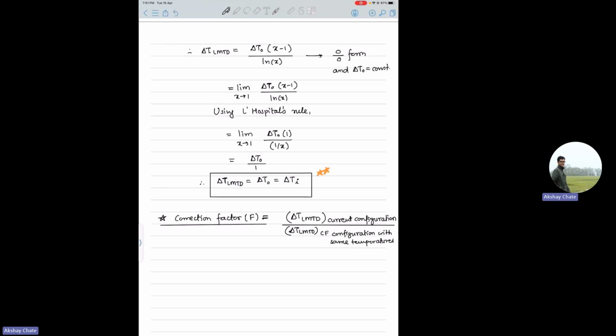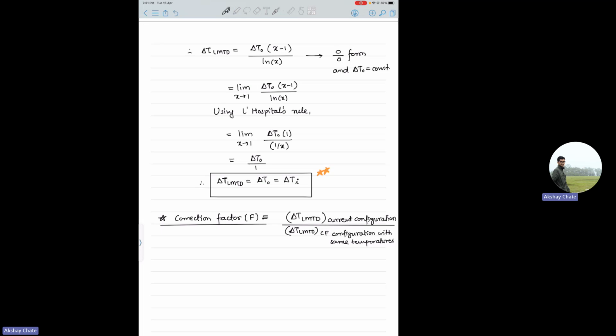So see, in parallel and counterflow, you have a direct correlation for delta T LMTD. But in reality, heat exchangers may be of various configurations such as shell and tube, compact, and in there also there will be some subcategories, like multi-pass, multi-shell, and in plate type heat exchangers also there will be counterflow or cross flow or something like that.